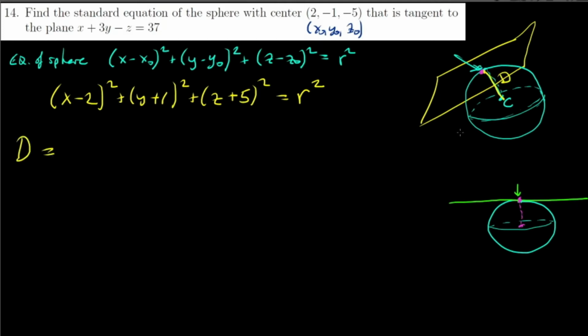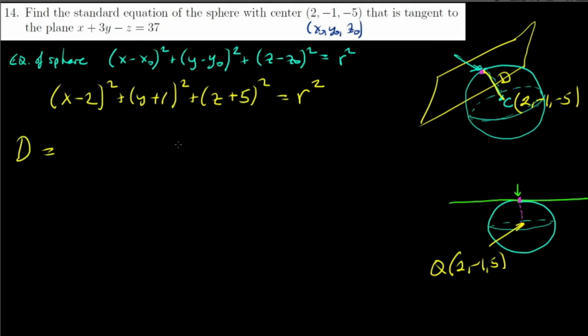Right? So how do you find the distance between a point? Again, the point was 2, negative 1, negative 5, sorry. So same thing here, right? This point here, 2, negative 1, negative 5. So that's my q, right? And now we just need the distance between a point and the plane.